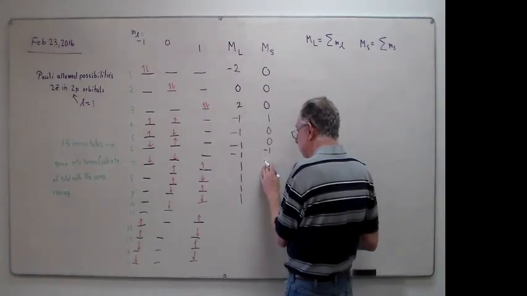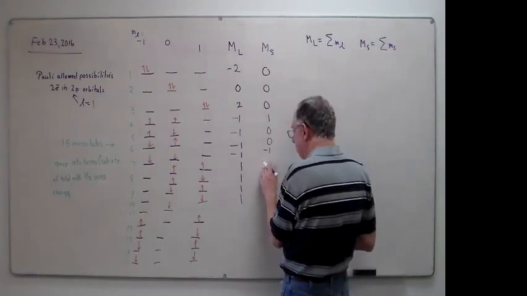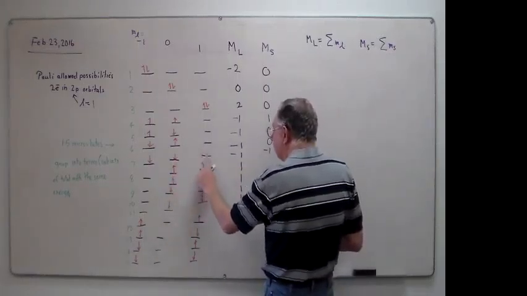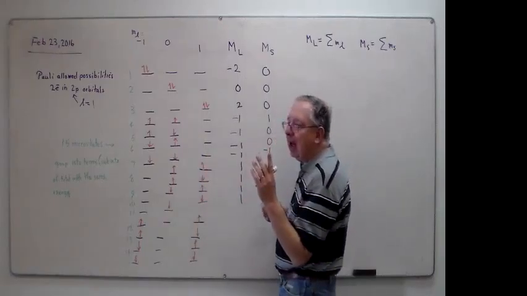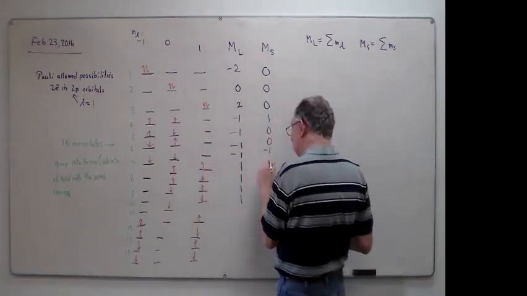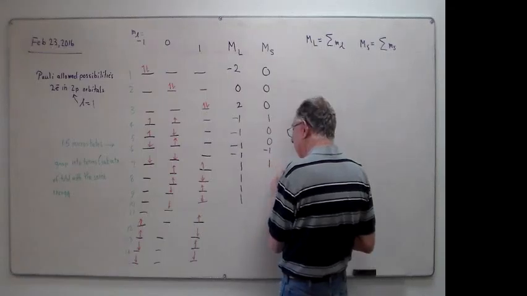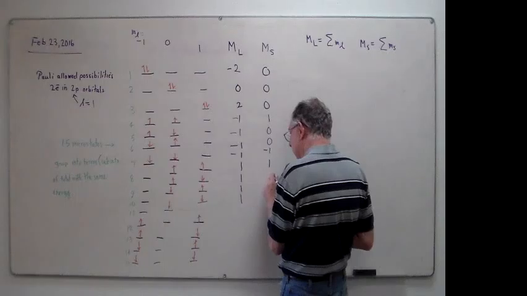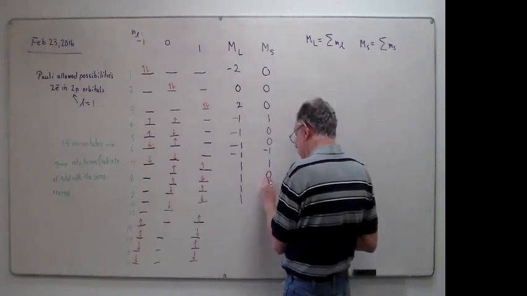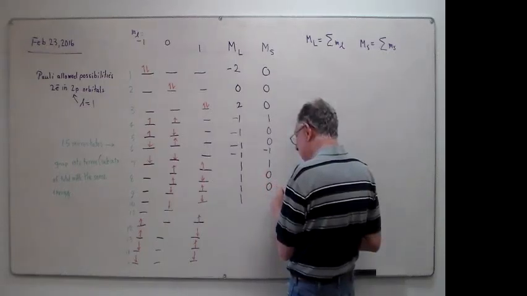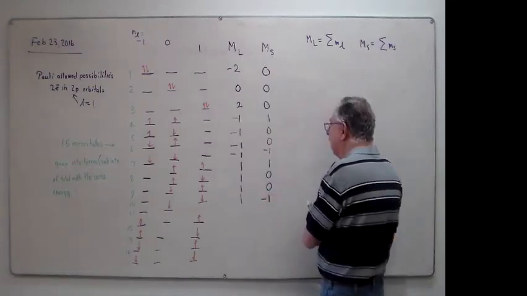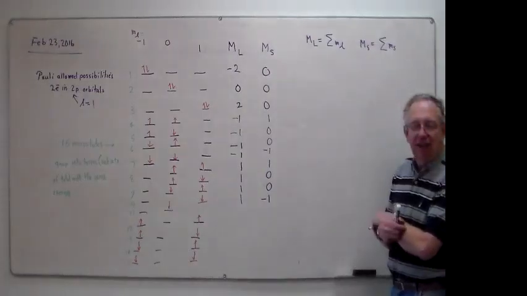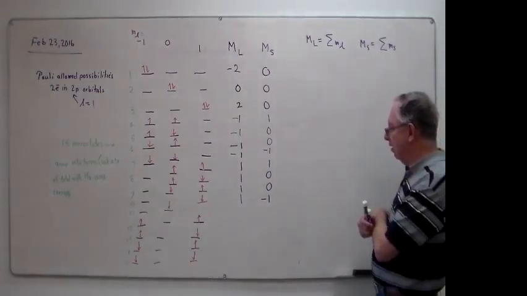For number 8, it's going to be negative 1. Wait, those are both up, and each one's worth a half, so that's 1. Okay, I wrote it backwards. So that's going to be 1. The next 2 are going to be 0. And then the 4th one is going to be negative 1. Excellent. Okay, now, does everyone know how to do the last one?